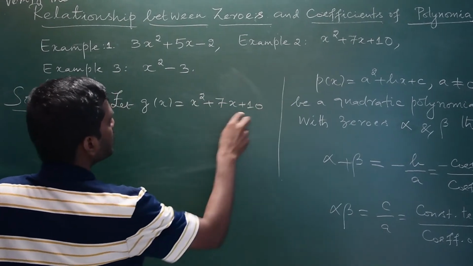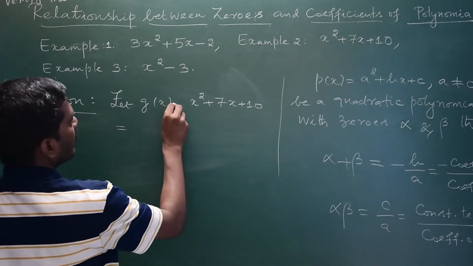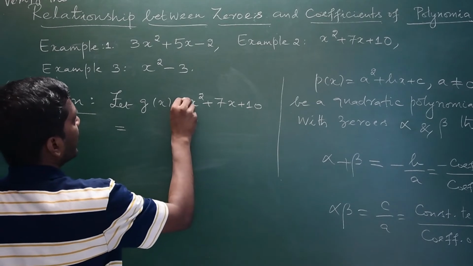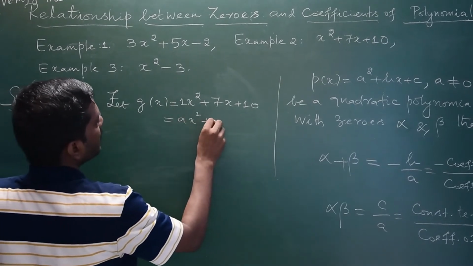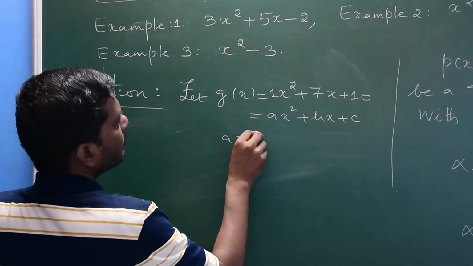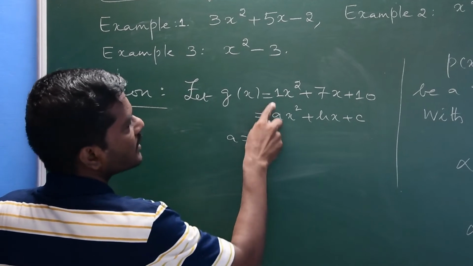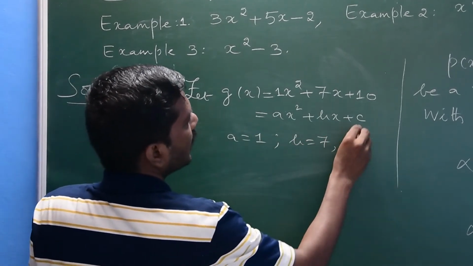You can factorize this. What is the coefficient of x square? 1. If you want, you can call this ax square plus bx plus c, where a is 1, b is 7, and c is 10.